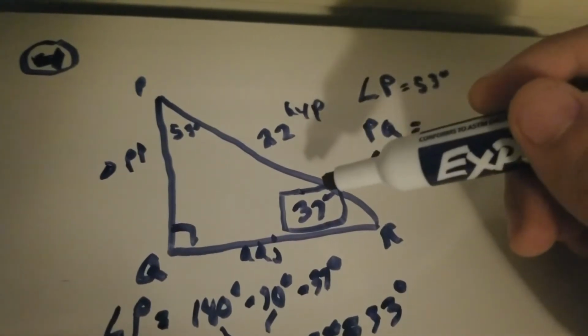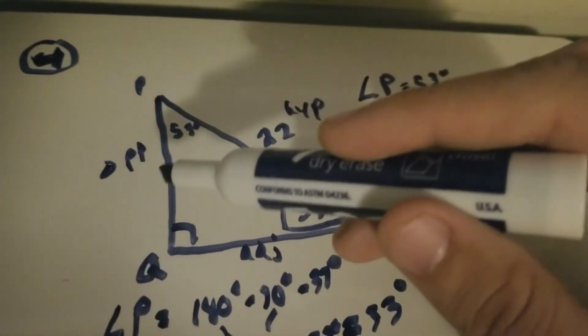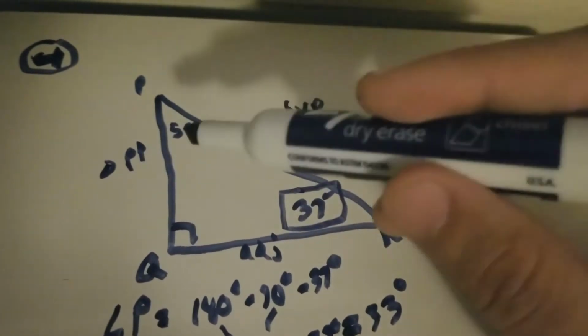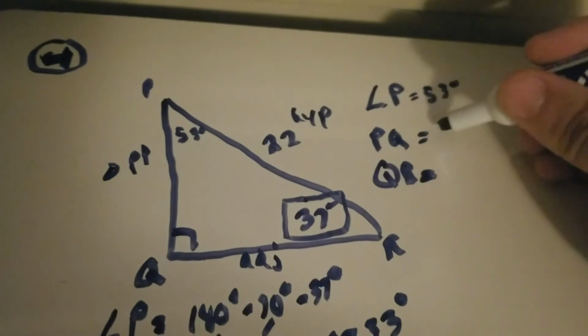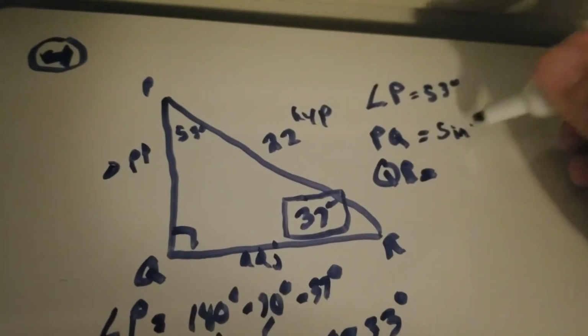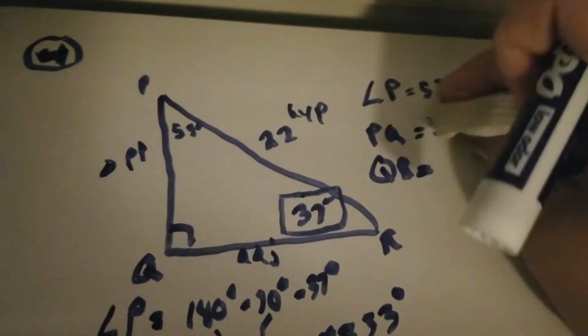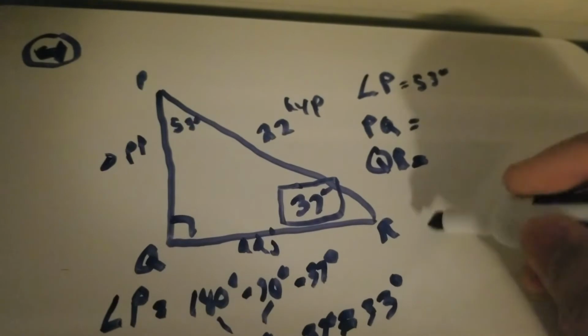So I got to use my trusty trick, SOHCAHTOA. So PQ has both opposite and hypotenuse, O and H. So since I'm looking for PQ, I'm going to use sine. So sine, let me actually do the work here. So this is for PQ.